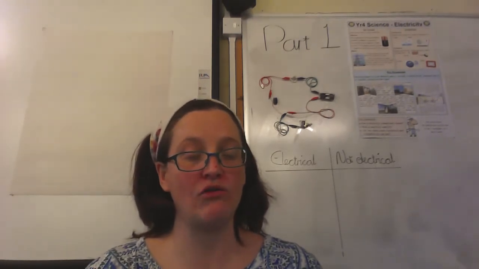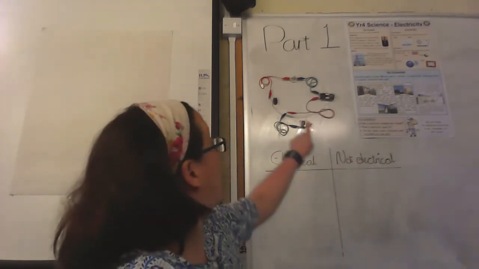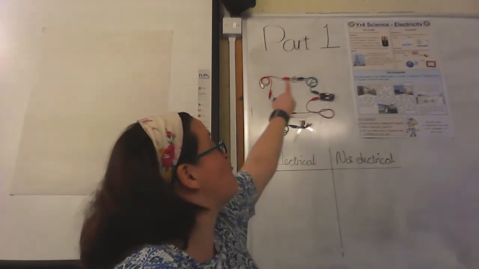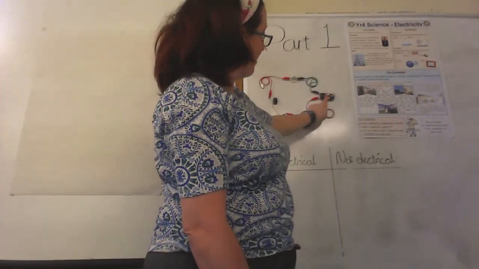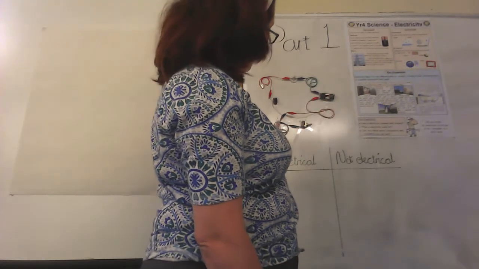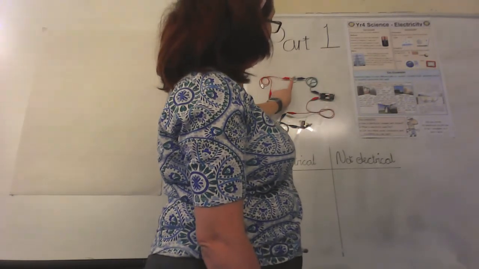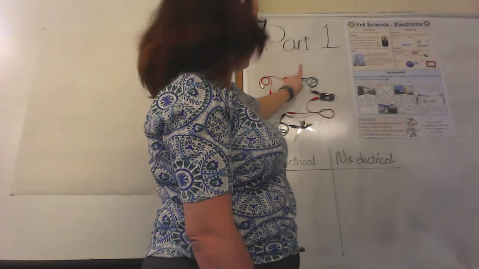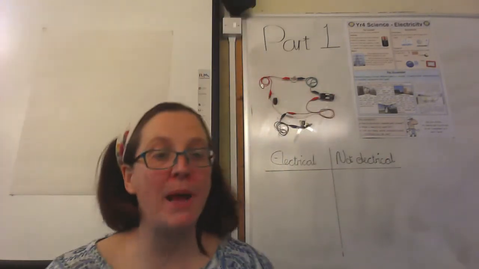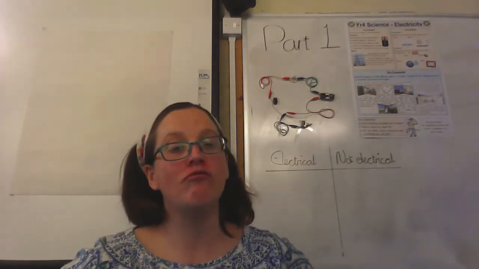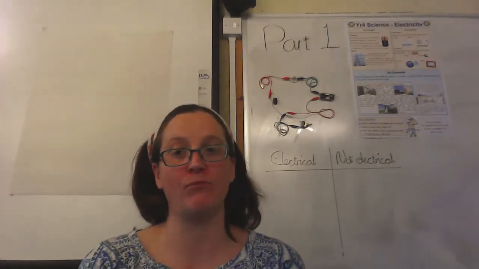Then our electrical pathway, or the electricity going around the circuit, delivering the energy that's required from the battery, around the wires, to the appliance that needs it, and then back again to the battery where it picks up more energy, ready to go round and round again.